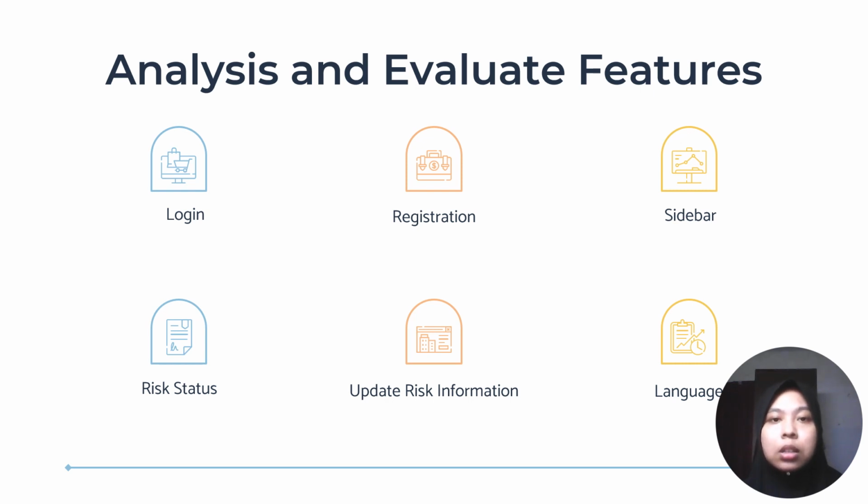Besides that, staff will complete risk information in the risk form and submit the risk registration. After submitting the risk registration, the status of the risk will be pending until the administrator from the risk department approves the risk. The user can update the registered risk if needed or requested by the risk department.